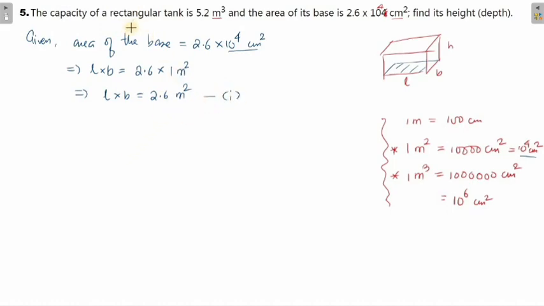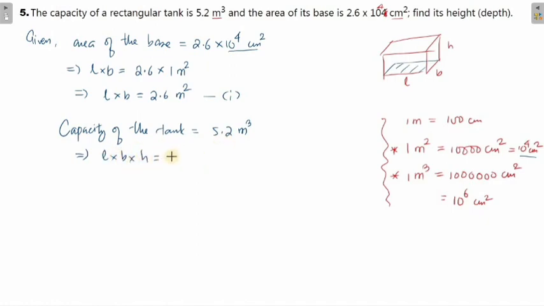Okay, now another thing that is given is capacity of the tank. Capacity of the tank is given to be 5.2 meter cube. Now capacity means its volume, right? So volume of this tank will be L into B into H, isn't it?